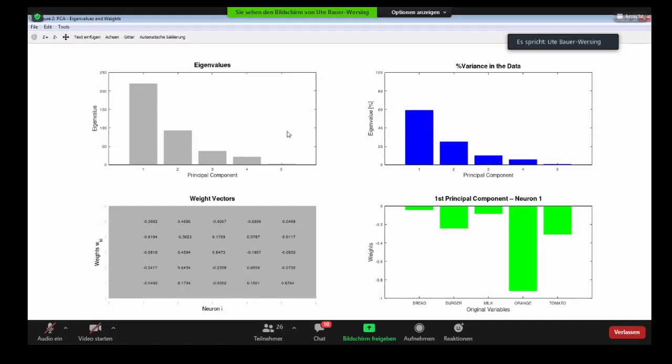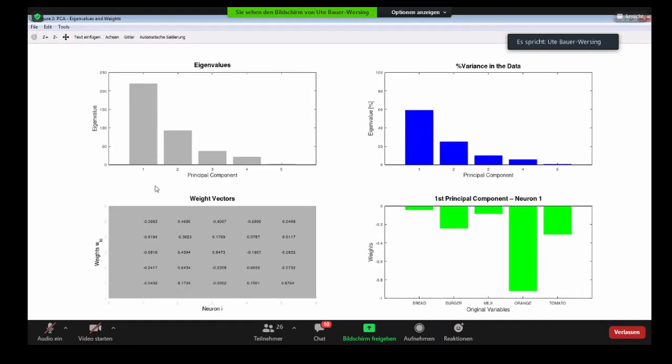So this is basically the distribution of variance along the different principal components of this space.